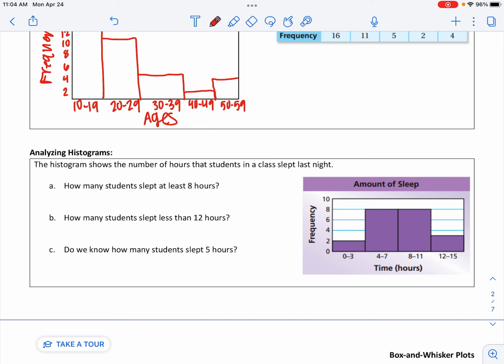If it's saying at least 8 hours, we want everyone with 8 and more. So all of these combined. So there were 8 people that slept 8 to 11 hours, and there were 3 people that slept 12 to 15 hours. And so if I add those together, I would get 11. So 11 students slept at least 8 hours.